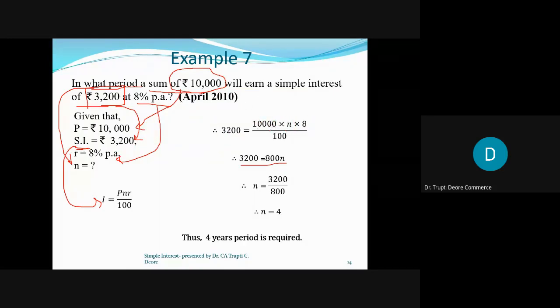Now in this, the 100 and two zeros cancel, so it becomes 200 is equal to 8 multiplied by 100, so it becomes 800N. 800 is multiplication for the N, it becomes division. So N is equal to 3,200 divided by 800. You will get N is equal to 4 years.